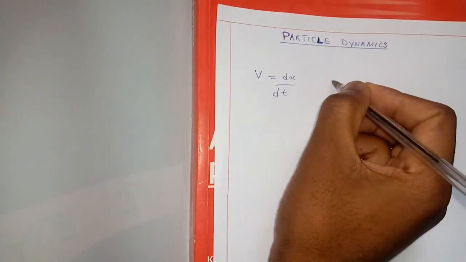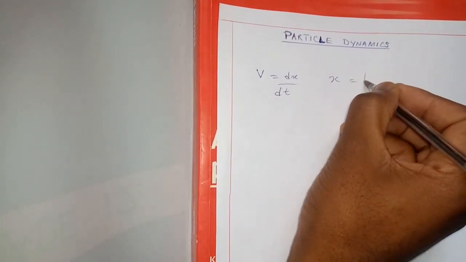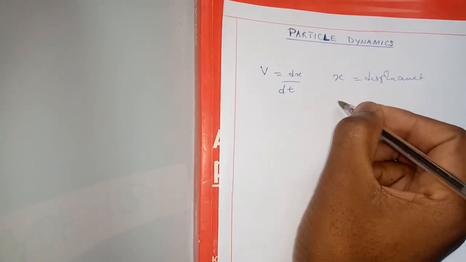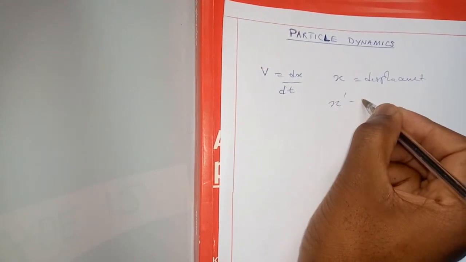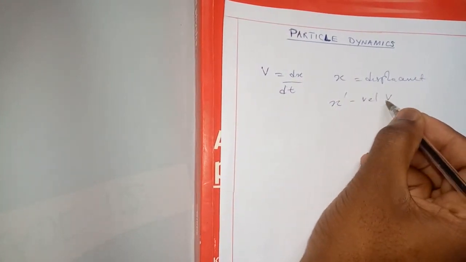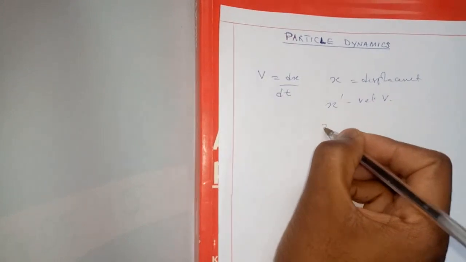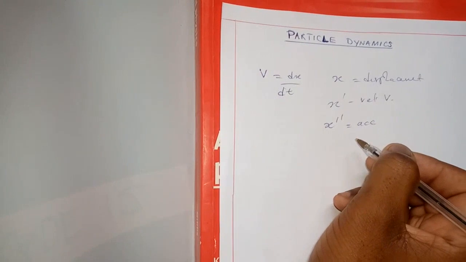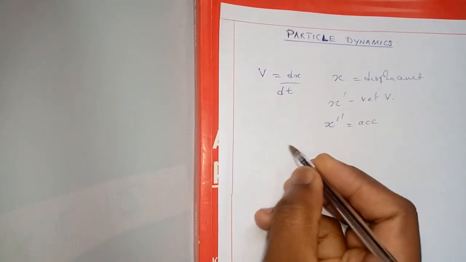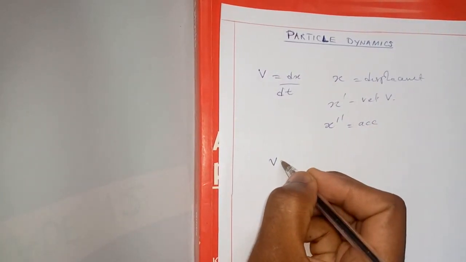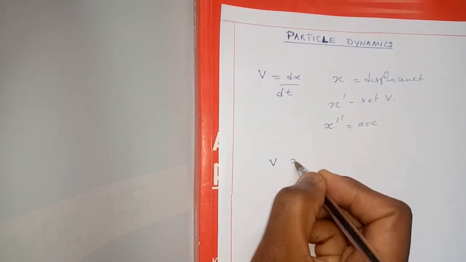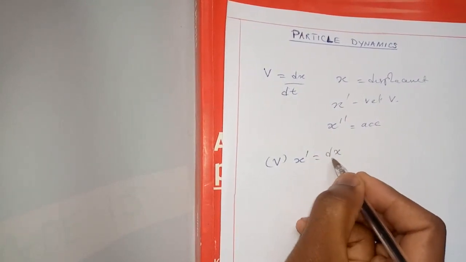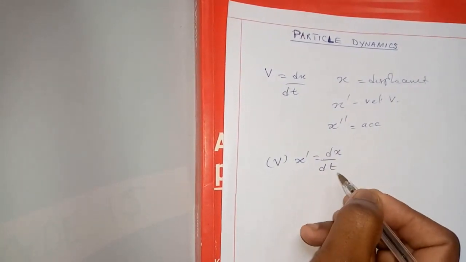So we know first of all that x is actually displacement, and we know that x prime will be our velocity v, and then we also know that x double prime is supposed to be our acceleration. So once we know this, we can say v, or you can replace v with x prime, will be equal to dx over dt.